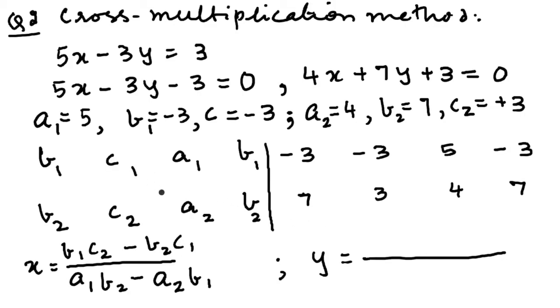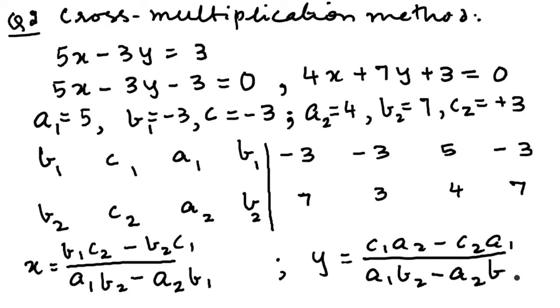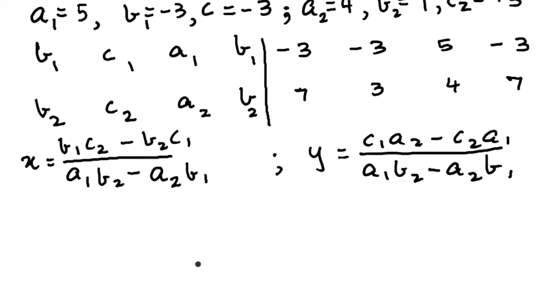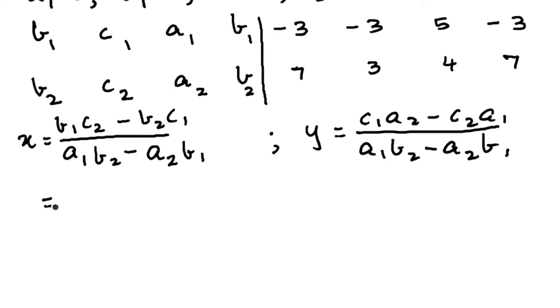So it will be crisscross like this, cross multiplication, c1a2 minus c2a1 upon the denominator will be just the same, a1b2 minus a2b1.